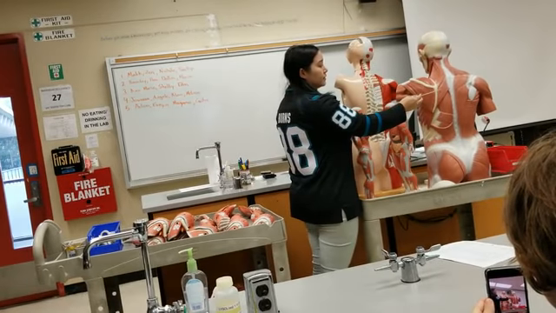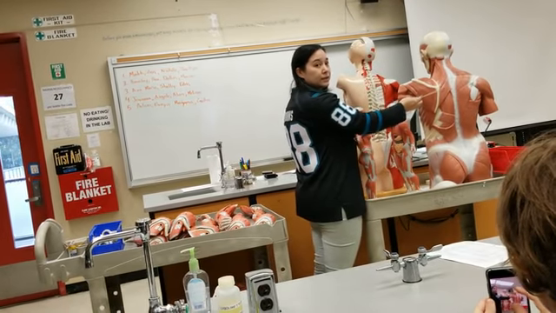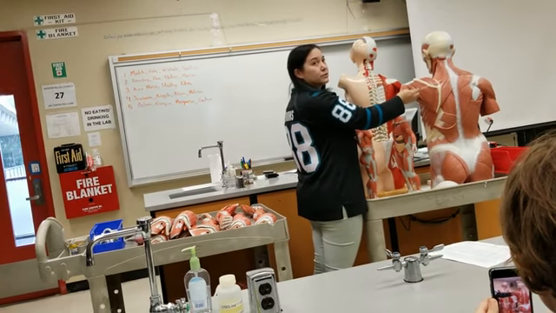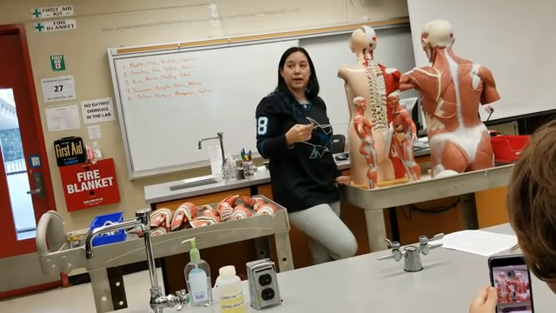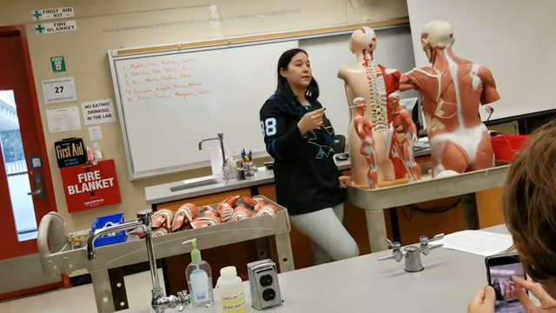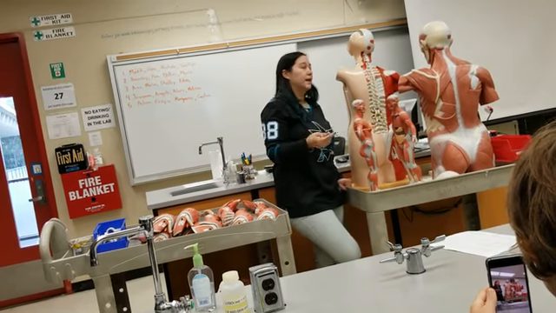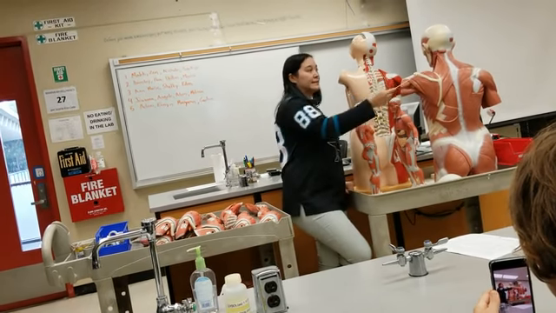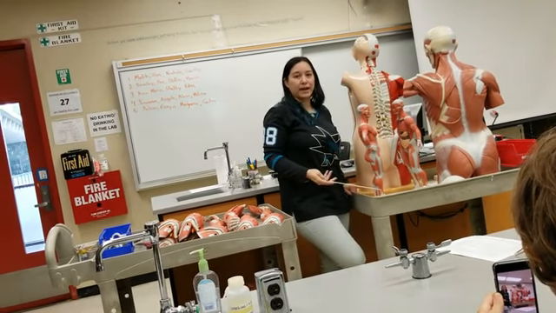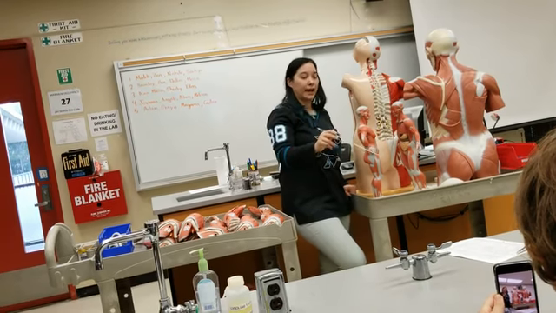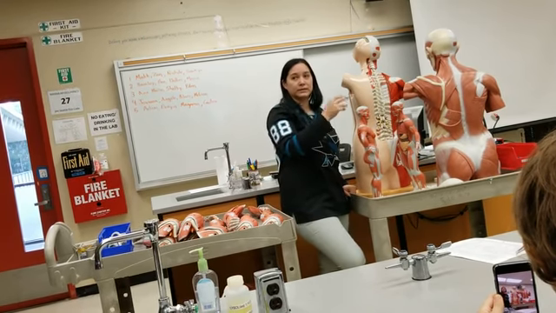The major is usually inferior, on the bottom, and then the minor is superior. So that'll help you remember the order for all of your major and minor muscles, because they're grouped together, and the minor is usually superior. This is just because the larger muscle tends to be on the bottom. This isn't a solid pattern that you can find, but for the muscles that I have you identify for your master list, you will see this pattern.